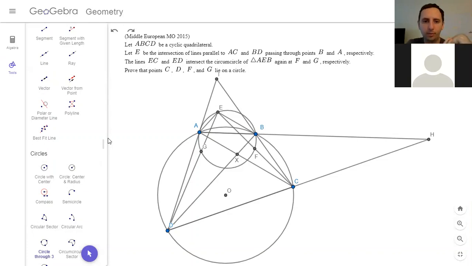Yeah, let's see what we can do with Pascal. Maybe we can try to find the polar of G. The polar of what? The polar of FG. Yeah, FG.